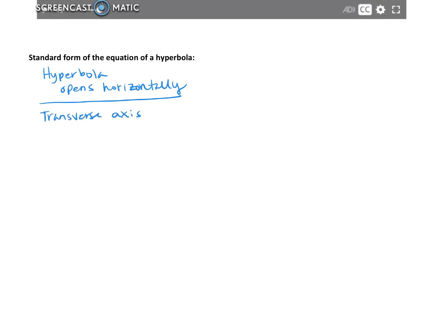All right, so we have some standard forms of our equations of hyperbolas to put into our notes. If your hyperbola opens horizontally, that means that the transverse axis is horizontal.